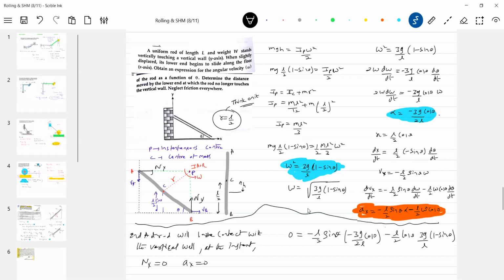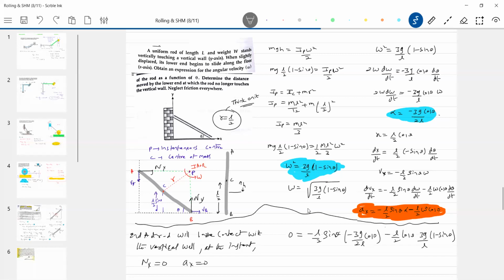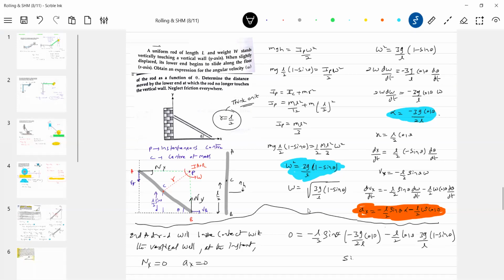We have to calculate sine theta, no? Cos theta also will get eliminated.